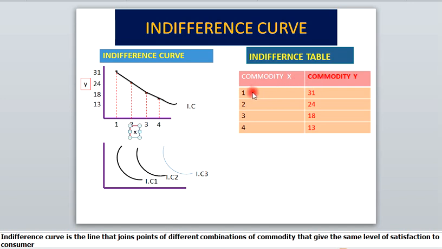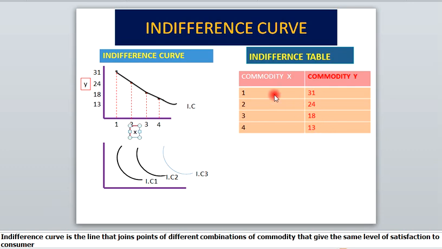When a consumer consumes 1 of commodity X, simultaneously he consumes 31 of commodity Y. The satisfaction he derives here is the same satisfaction he derives when he consumes 2 of commodity X and 24 of commodity Y. So the satisfaction he derives here is also the same thing he derives when he consumes 3 of commodity X and 18 of commodity Y. So the same satisfaction he derives at this point, the third stage, is what he also derives when he consumes 4 of commodity X and 13 of commodity Y.